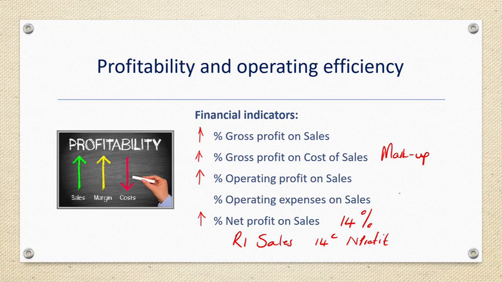If we say that percentage is 60%, that means for every R1 of sales, we spend 60 cents on expenses. So obviously we want this percentage to be lower, because you must compare and say whether it improved or weakened. So if this one goes down, it's good. If the other one goes down, it's not good. So try and understand what each of these indicators tells you.